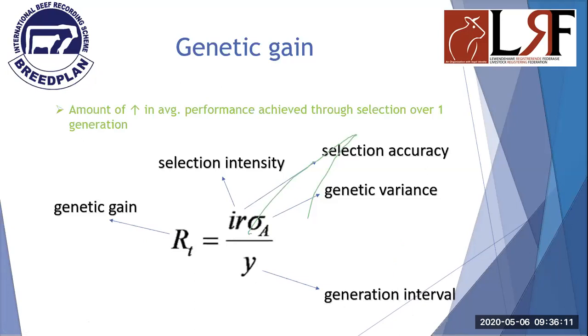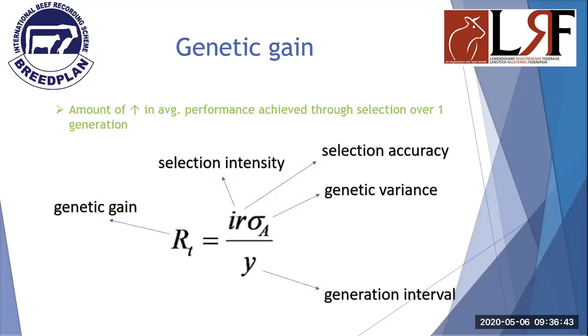So first off, we have the selection intensity. The selection intensity is an indication of the difference between the average EBV of the group and the EBVs of the animals that you actually select to become parents of the next generation.